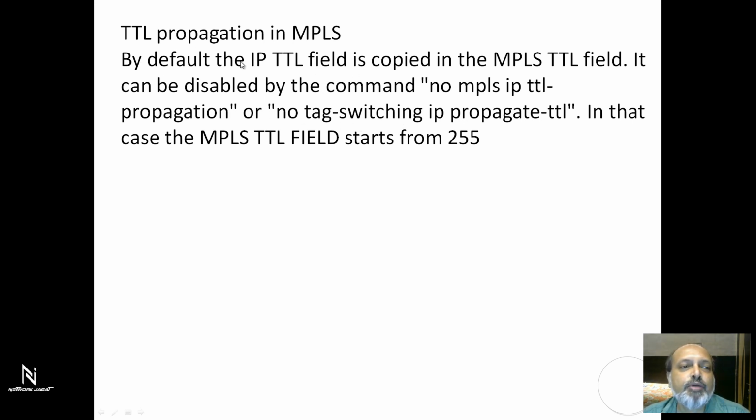But just go through it. By default, the IP TTL field is copied into the MPLS TTL field. It can be disabled by the command no mpls ip ttl propagation, or no tag-switching ip propagate-ttl. In that case, the MPLS TTL field starts from 255. I have read it just for the sake of reading, so no need to think about it, because I will visit this area again.